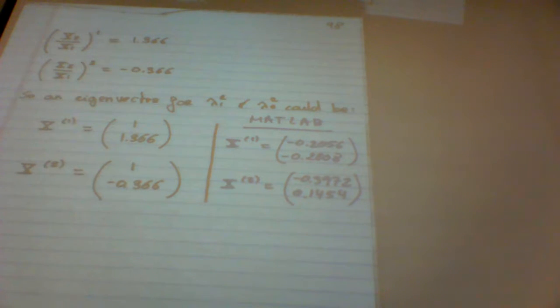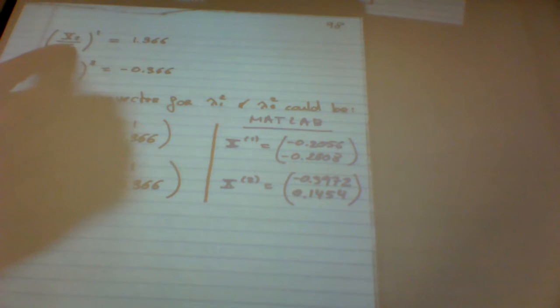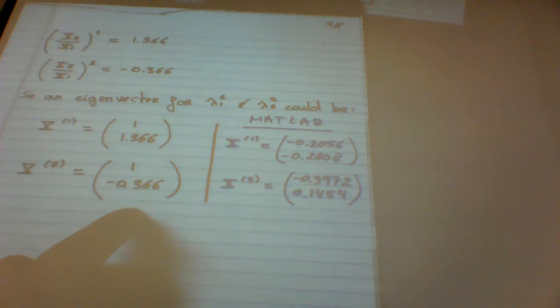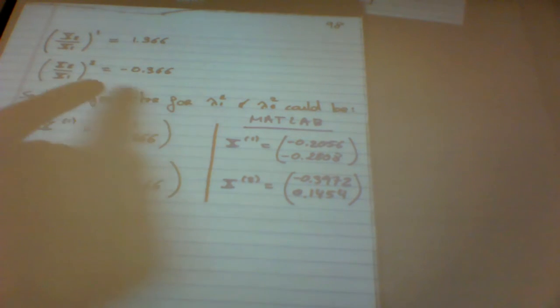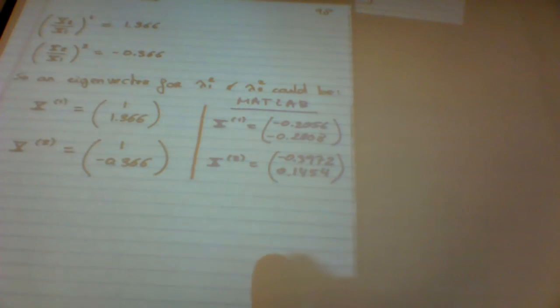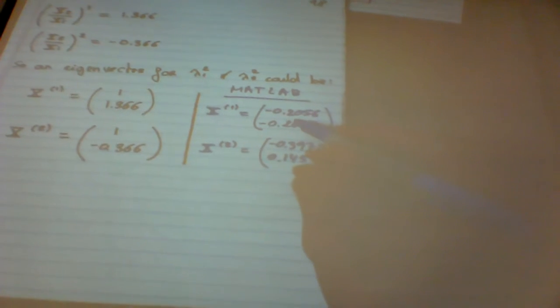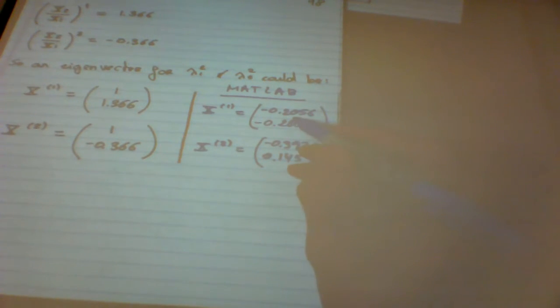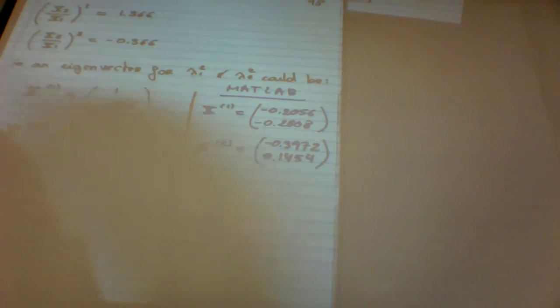For example, in this problem we selected x1 to be 1, but we could select x1 to be any number, and then x2 will change. Does that mean that the eigenvalues we found are wrong? No, because our selection was to select x1 equal to 1, correct? So if we take these values, what do we need to do to make this one 1? Divide by negative 0.2056. Correct.